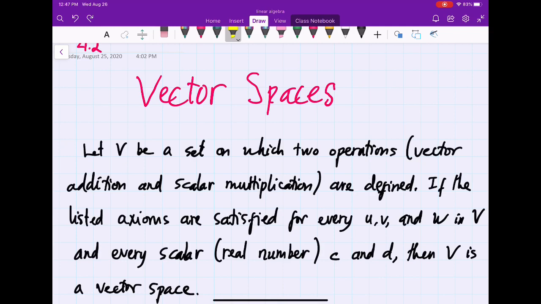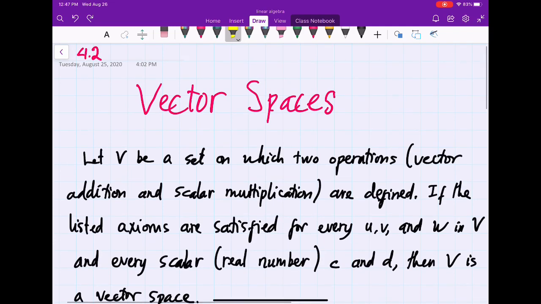So on the set of matrices, we also have two operations, right? Matrix addition and scalar multiplication. And we mentioned that those operations satisfy 10 properties, okay?